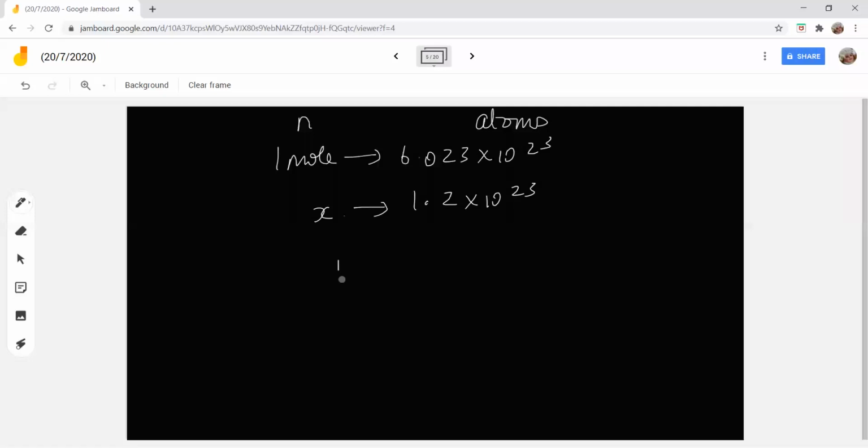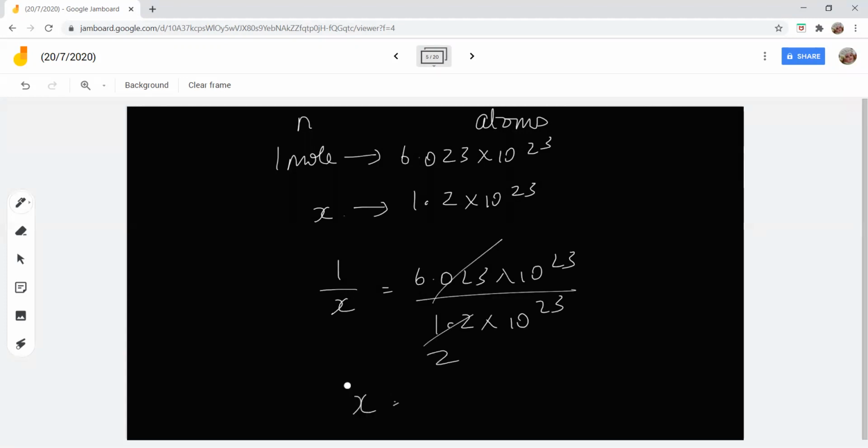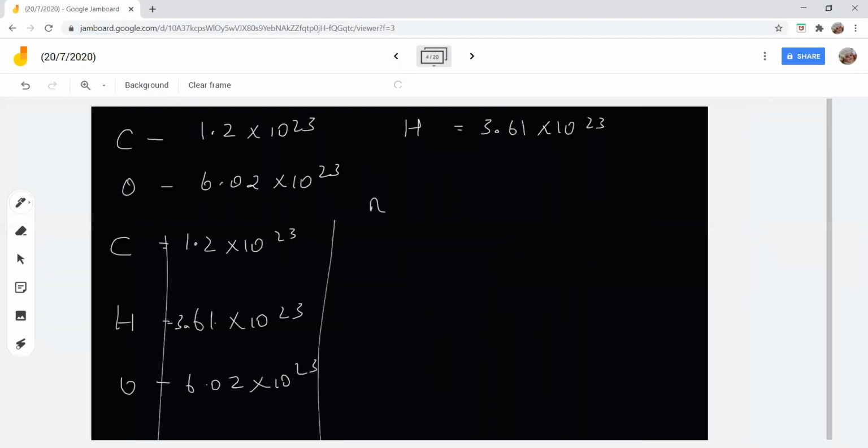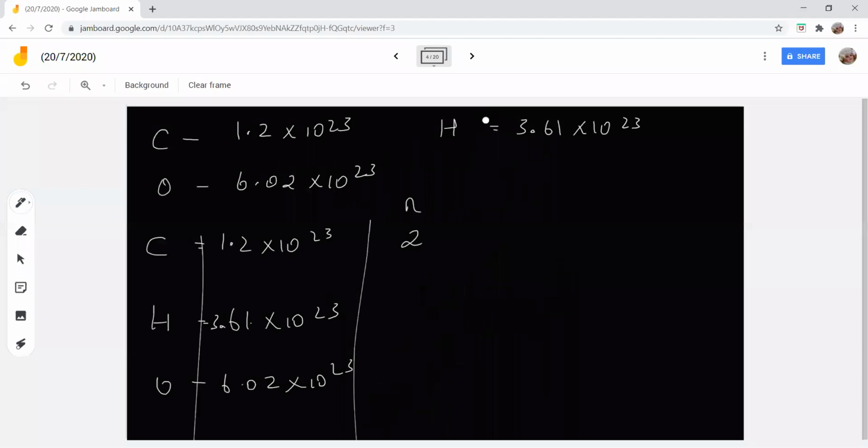So 1 by x is equal to 6.023 into 10 power 23 divided by 1.2 into 10 power 23. So 2 times, correct? If 1 by x goes to the other side, you get 2. So the number of moles of carbon that you have here is 2. Did you all understand, students? Carbon, it is 2.